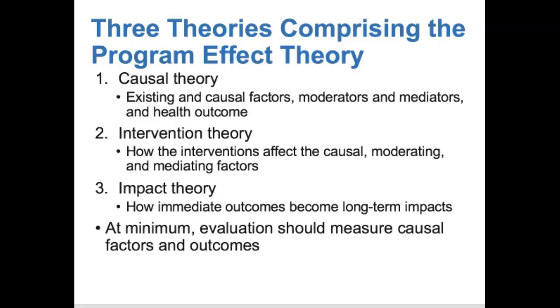We also have the intervention theory, which specifies how the programmatic interventions change the main causal or moderating or mediating factors of the health problem. And then we have the impact theory, which explains how immediate outcomes become long-term impacts. And at a minimum, the causal factors and health outcomes which were specified in the theories need to be measured.